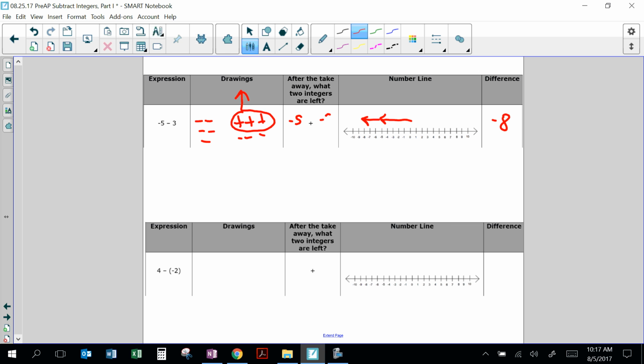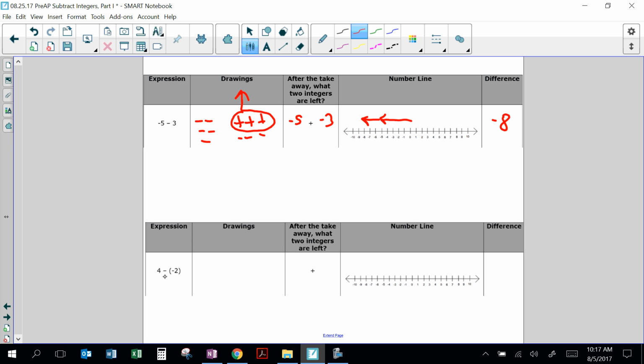We end up with -3. -5 plus -3 is -8. Proved by our number line and our difference and through our real world situation. -5 means I lost $5, then -3, I lost 3 more dollars. Or the temperature is -5 degrees and it dropped 3 more degrees, so it's -8.